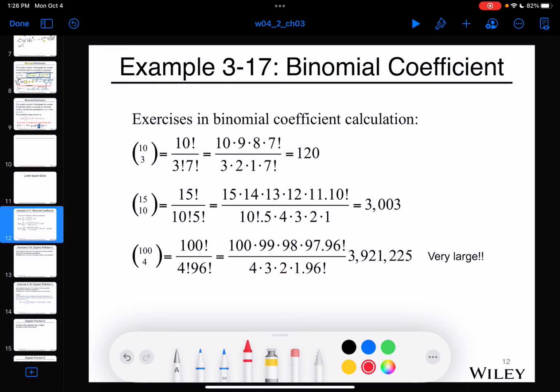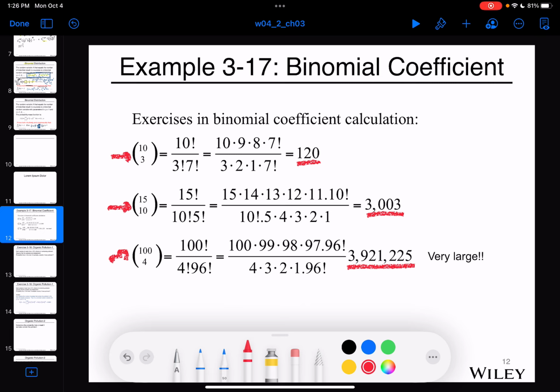All right, so we saw these combinations of 3 out of 10, 10 out of 15 and so forth, but let's look at the numbers they give us, to get a better feeling. For example, 10 choose 3 is 120, 15 choose 10 is 3,000, and 100 choose 4 is a large number, close to 4 million.